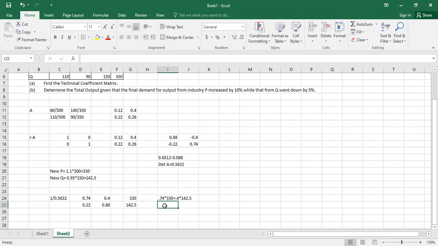Then down here, I'm looking for 0.22 multiplied by 330 plus 0.88 multiplied by 142.5. Give me the answer.